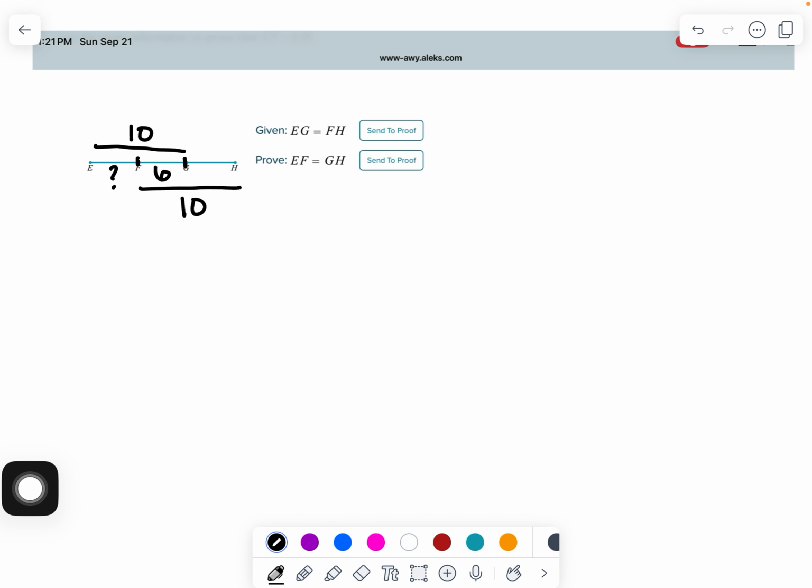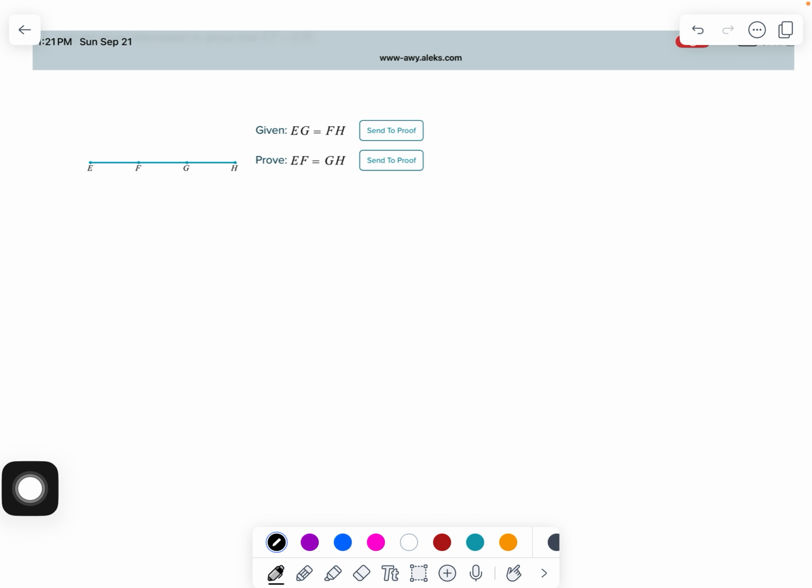Then how big would EF and GH be? Well, I think everybody out there is yelling that this one's 4 and this one's 4, right? They're obviously equal. So try to think about how you would prove that to me. What would you do, proving mathematically?